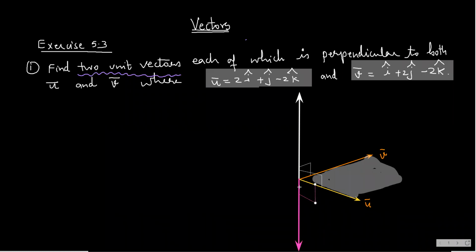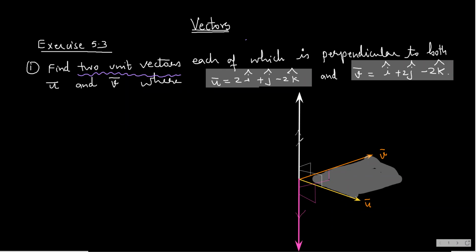It is also perpendicular to v bar. And these two directions, the one that I showed just now and this one, are opposite of each other. So let us read the question once again.